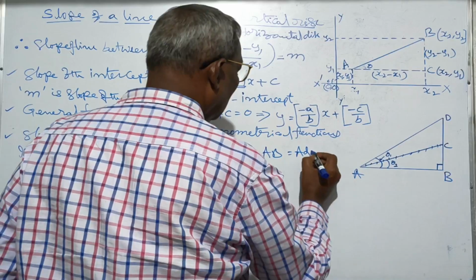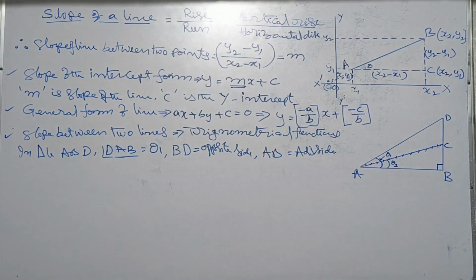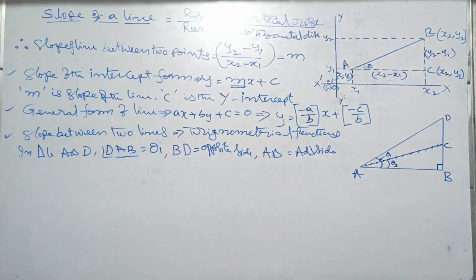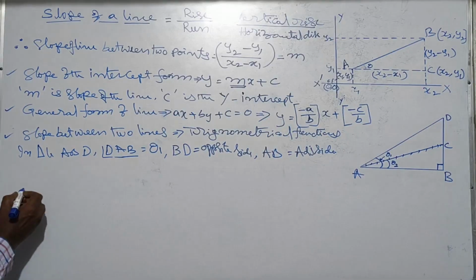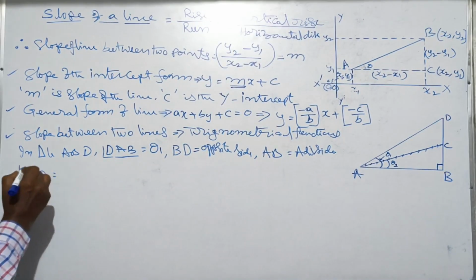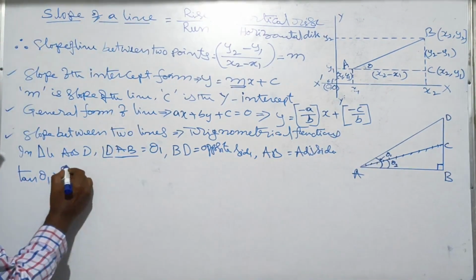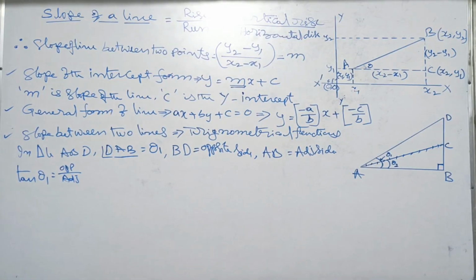The relation between opposite side by adjacent side is equal to tan theta. So tan theta 1 is equal to opposite side by adjacent side.